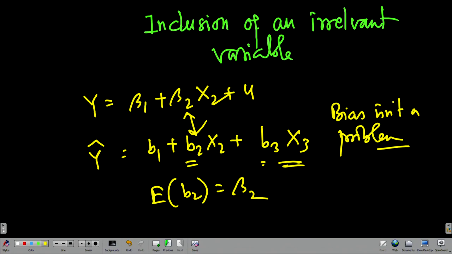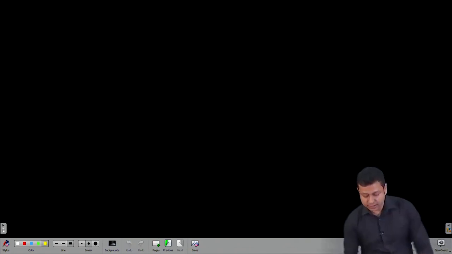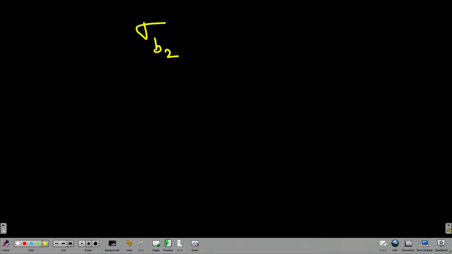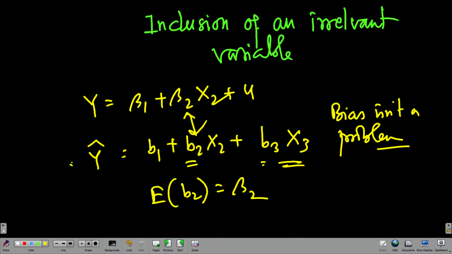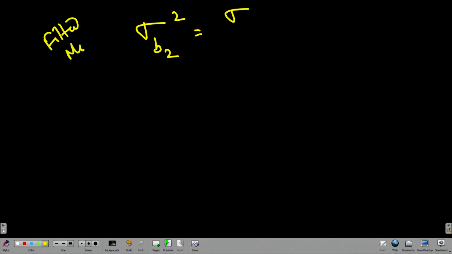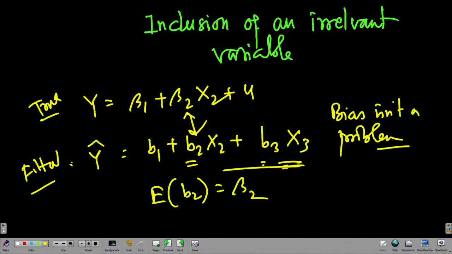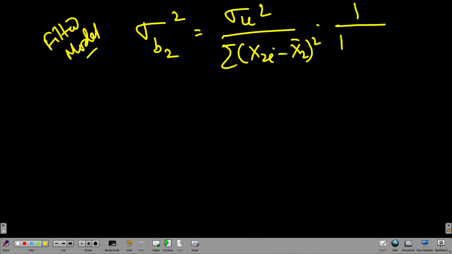The problem is in terms of the standard error. So, what will happen here? Just like the previous case, the standard error of B2 in this estimated, fitted model, where this is the true model, is going to be this: the sum of x2i minus x2 bar squared, and in this model you note that we already have this B3, so by definition I will have the term with x2 x3 squared.